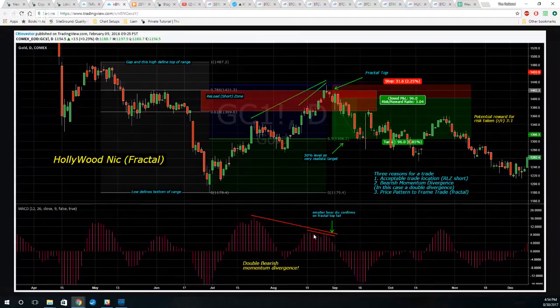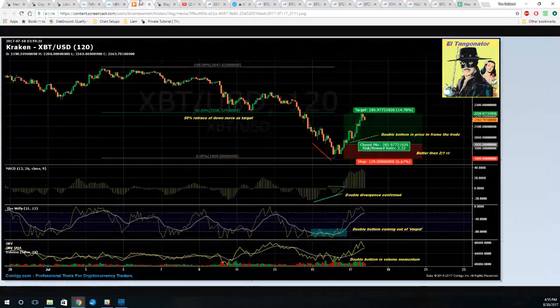I even really like just this tight little M right in here, which is sort of like a double divergence, because you get a nice little divergence that develops off of this move, coupled with this bigger divergence that still at this point is potential, but nonetheless, with this little divergence confirmed, going to give a lot of ammunition to this thing breaking down.